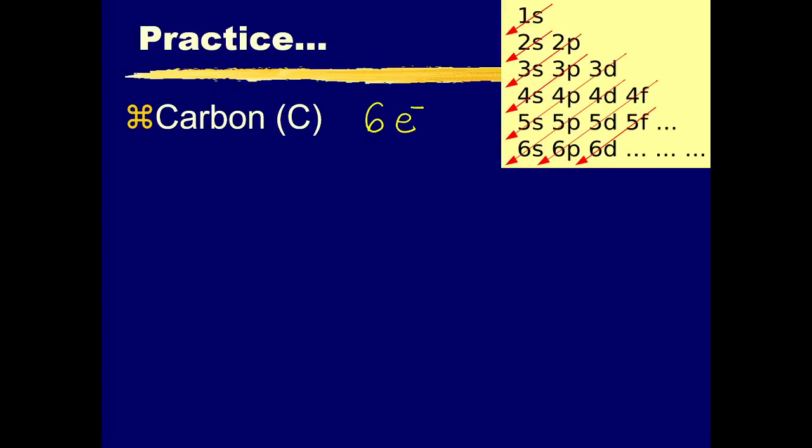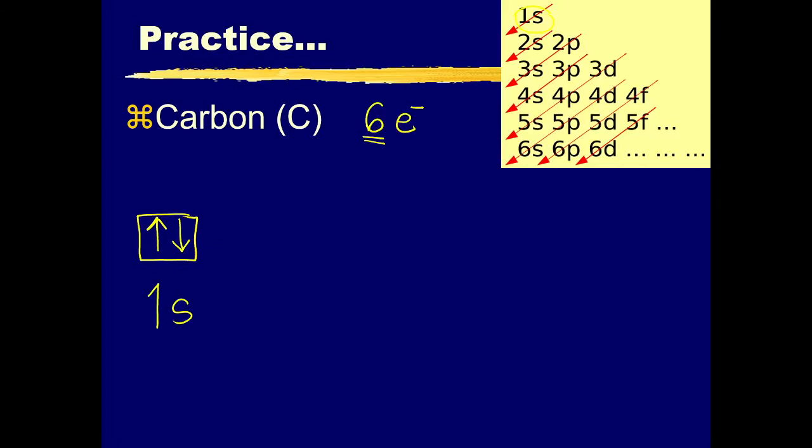Now, let's begin with 1s. Let's start with 1s. That's 1 box. Fill it up. 1, 2. We're still lacking, right? Because we need to have 6 electrons, and over here I only have 2 electrons. We still lack four.